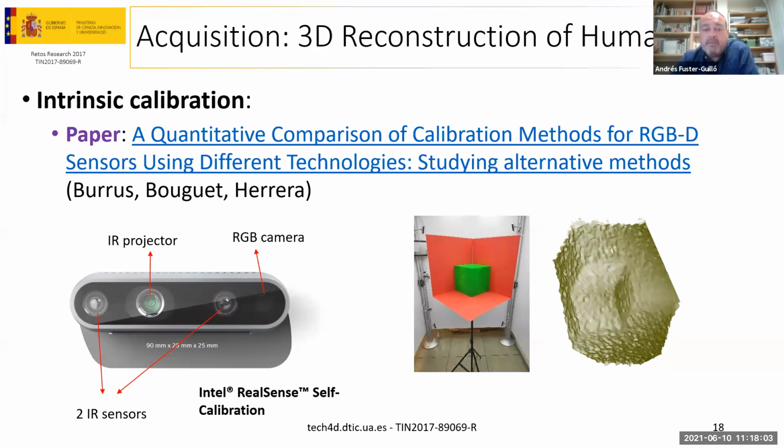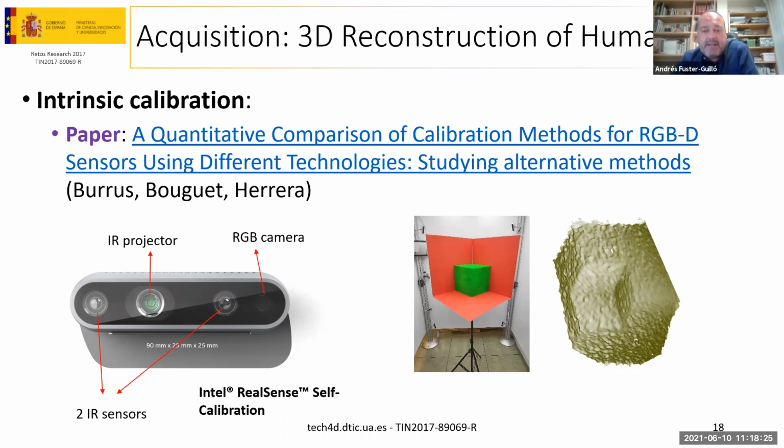First, we are using the Intel RealSense SDK included in the camera tools. And this SDK involves the intrinsic calibration of the RGB sensor. You can see in the image, in the right part of the camera, the RGB sensor.